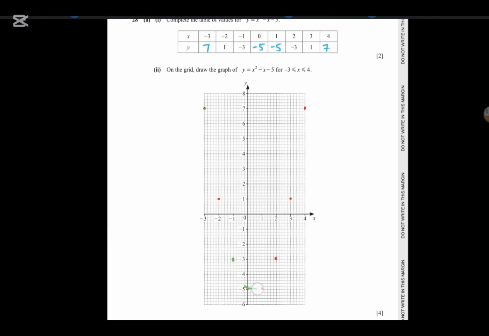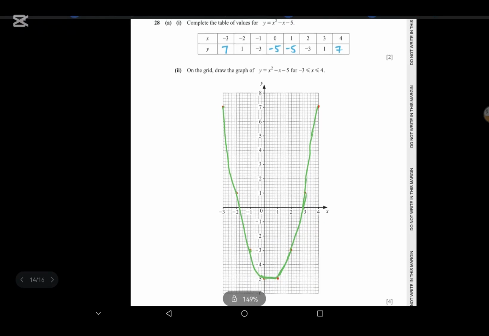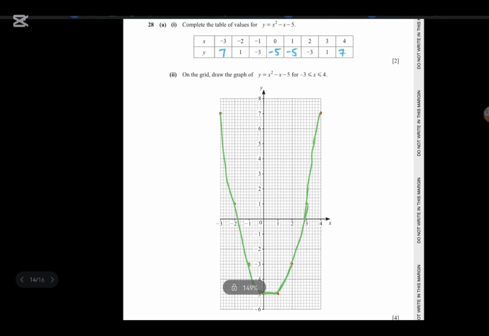Okay, we'll draw the graph. Smooth graph. No double lines. Like this. Okay, so here this is the drawing part done.